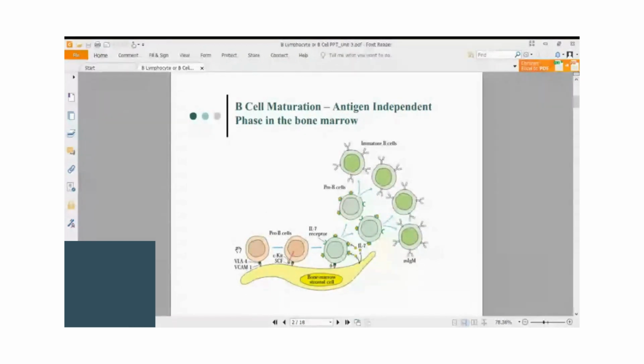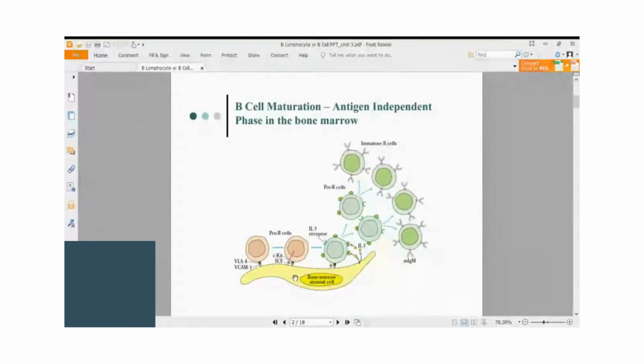The pro-B cell first expresses variable lymphocytic antigen 4, VLA4. Once it expresses that, that receptor will try to establish contact with a molecule that is expressed by bone marrow stromal cells.